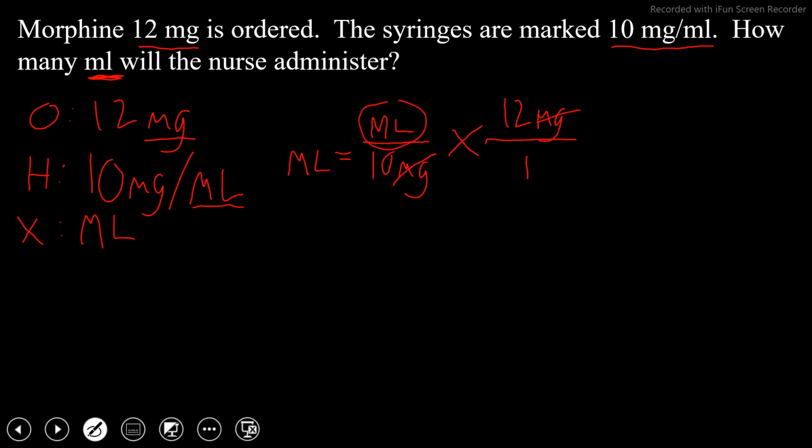That's what we want. Now we multiply across. So that's just 1 times 12, which of course equals 12. And then 10 times 1, of course, equals 10. And then you divide that, and you get 1.2 mL. That's your answer.